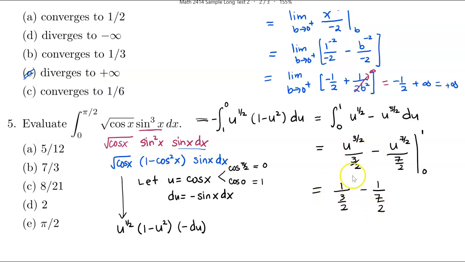This one is just the reciprocal of 3/2, the same as 2/3. And here, the reciprocal of 7/2 means 2/7. Then you simplify: you have 21, you have 14 minus 6, and that is equal to 8 over 21. Going back to the answer choices, that is letter C.